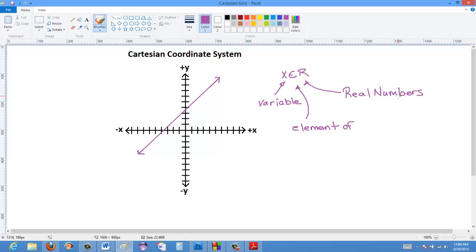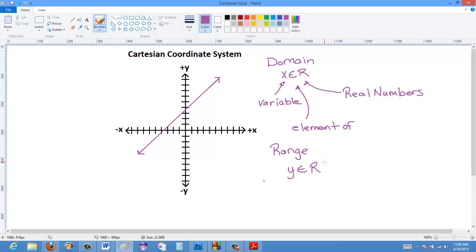So what we can say is that the domain is that x is an element of R, and for the range, we can say that y, in this case, is also an element of R. So both x and y are elements of R.